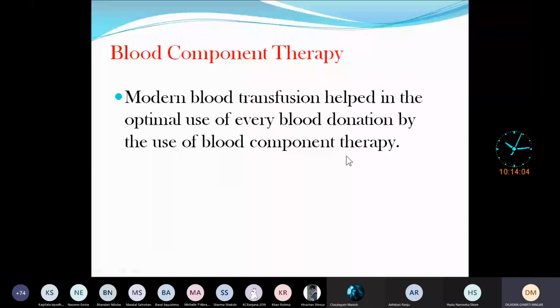Basically the different components of the blood will be given. If a person donates 1 pint of blood, at that time we will make different components, like RBC concentrate, WBC, and the platelets or platelet rich plasma. So we make the different components and then we can give.